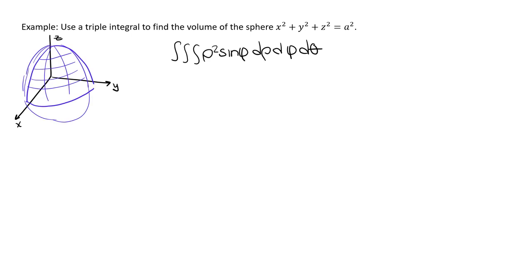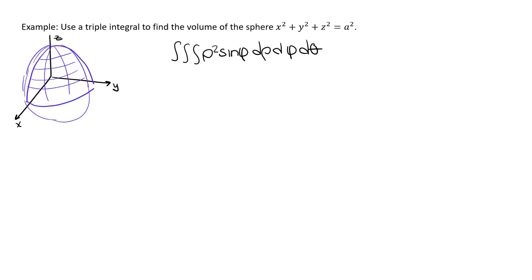So if I want to find volume, my dv is always going to be, when you're in spherical coordinates, rho squared sine phi d rho, d phi, d theta.